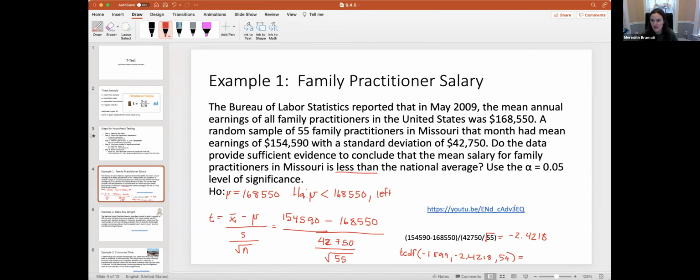And the TCDF is at the same place you would find the normal CDF. So you do second VARS. And then you'll see the TCDF. And when you plug that in, what do we get?